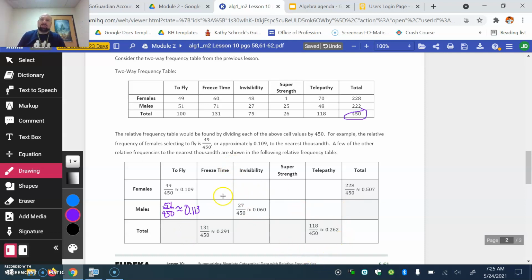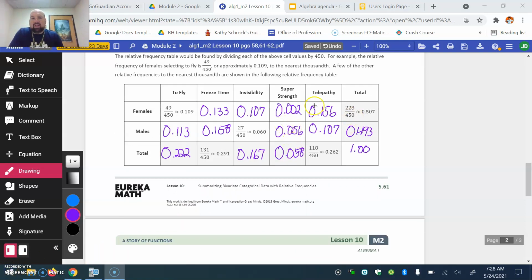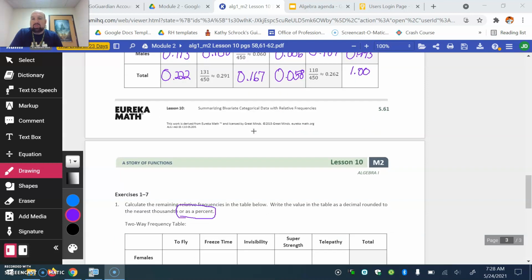So pause the video, see if you can answer these all on your own, and then check your answers when we come back. All right, so we're back. I filled in the answer for all of the remaining fields. You can go ahead and check yours. So essentially, we converted all of these to decimals. And now we're going to take that to the next step over on page 62.